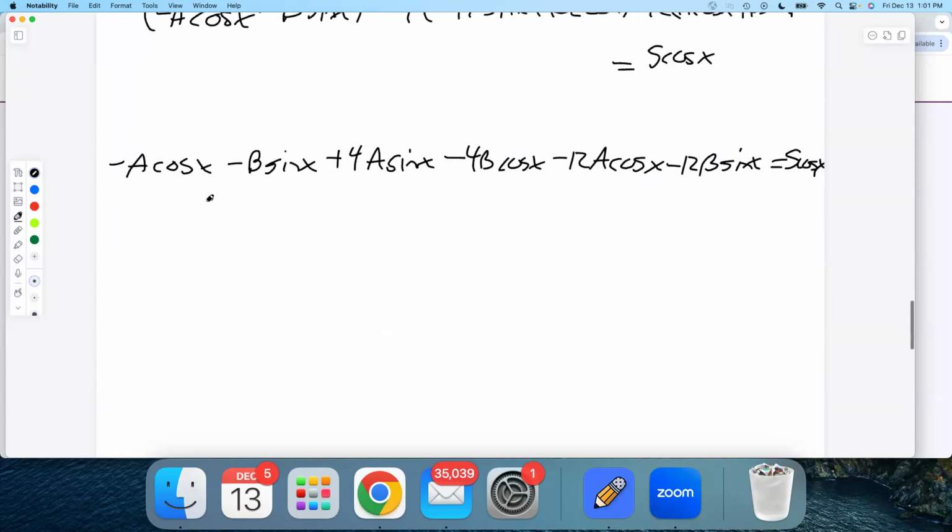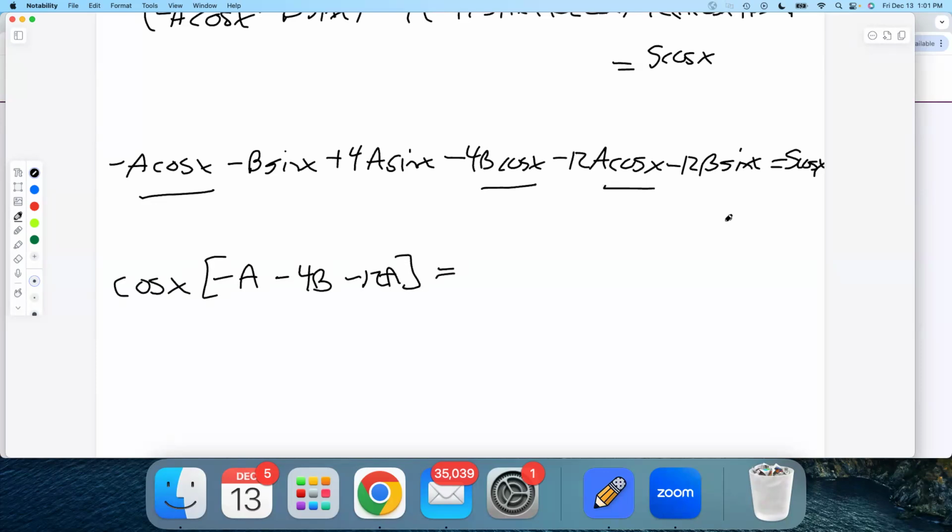All right, now let's collect all of my cosines together. So I've got 1, 2, 3 cosines on the left. So I'm going to write it like this: cosine of x, and I've got a negative a, minus 4b, minus another 12a. And that's supposed to equal the cosine on the other side, 5 cosine.